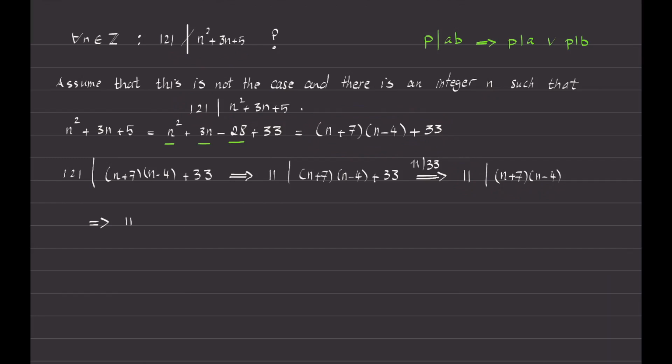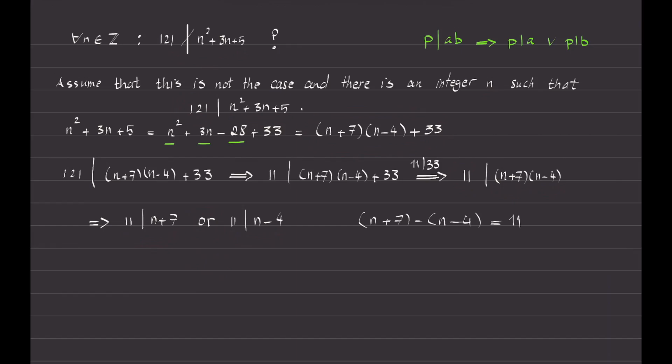In other words, 11 divides n plus 7, or 11 divides n minus 4. But interestingly, if 11 divides n plus 7, it automatically divides n minus 4, and if 11 divides n minus 4, it automatically also divides n plus 7. So this "or" can be changed to "and". That is simple. Why? Because n plus 7 minus (n minus 4) is indeed 11.